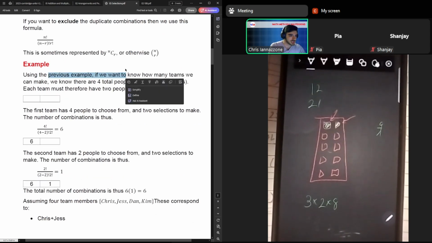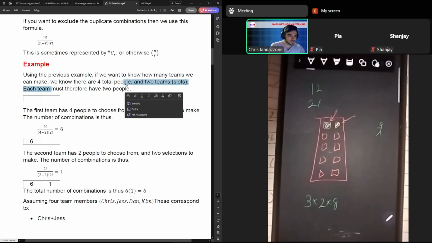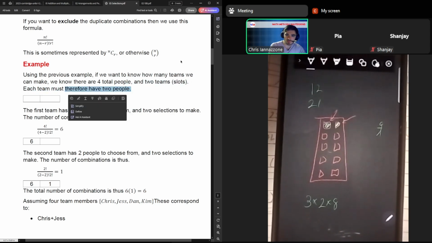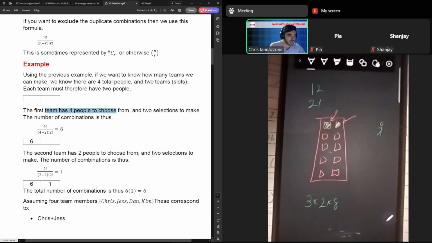So if we use that previous example and we want to know how many teams we could make out of a total of 4 people, then it makes sense that each team has now got to have 2 people. So we've got 4 total people, and you're going to split those 2 ways. The first team has 4 people to choose from and 2 selections to make.